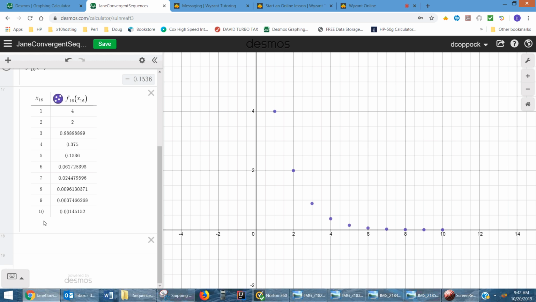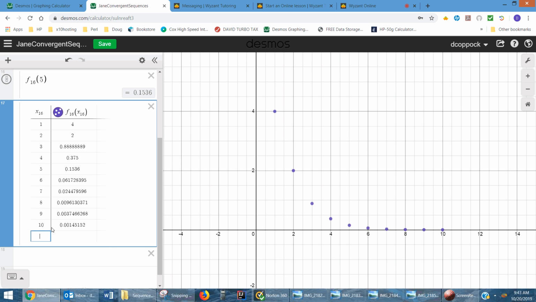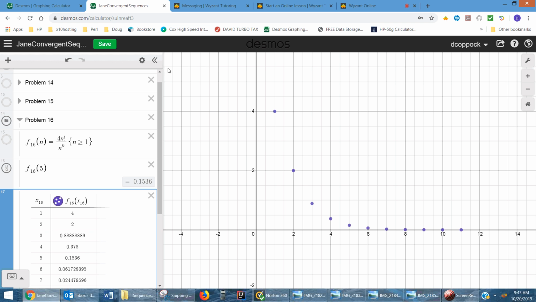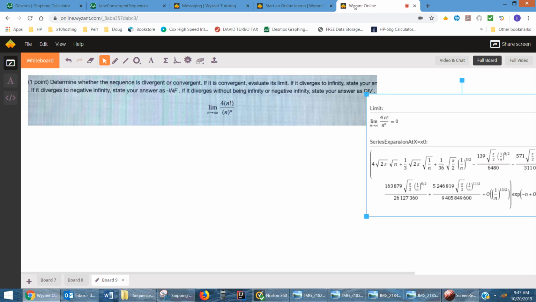So it's getting closer and closer to 0 very quickly. How could I show or deduce that without looking at a graph? Well, one thing we could do is the same technique we used on the previous board. Again, let's write out some of the terms of the sequence.